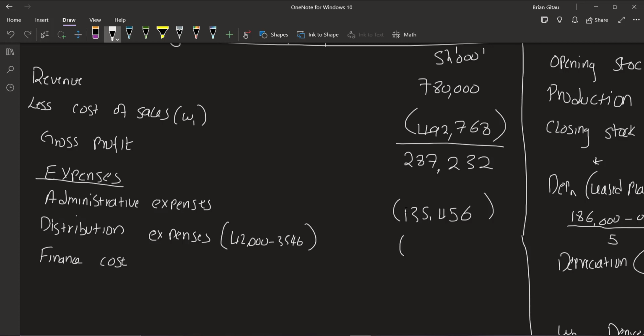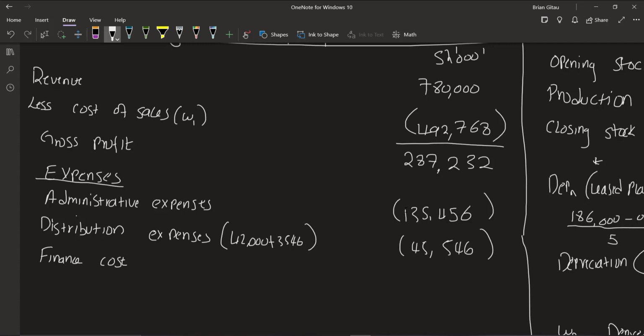It should be plus, not minus. 42,000 plus 3,546 is giving us 45,546.